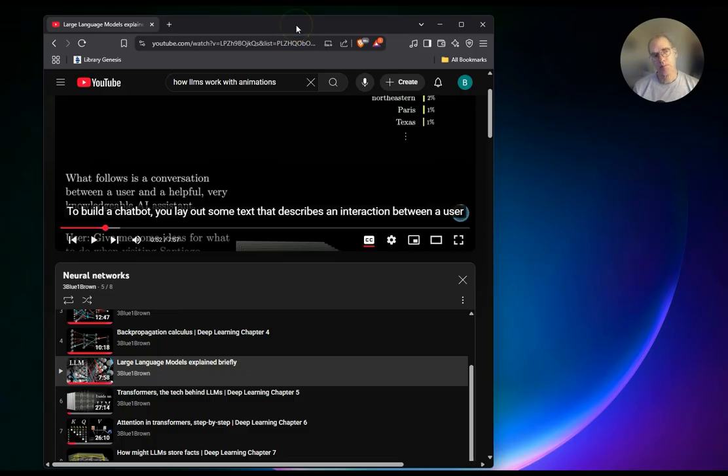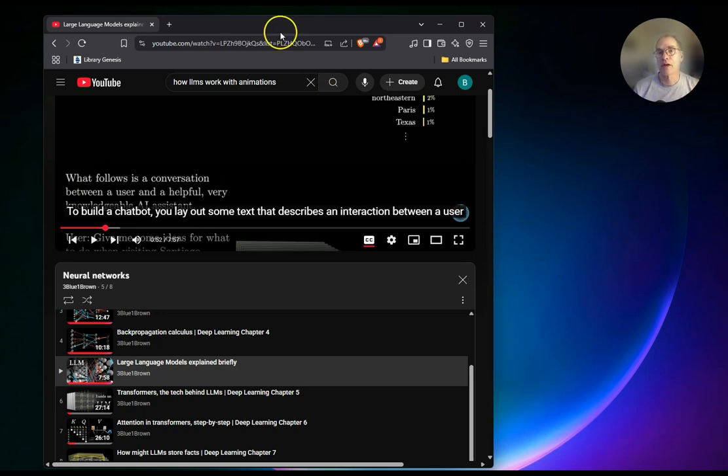So one of the first ways to use large language models effectively is to understand how to pick the right model for what I'm doing.